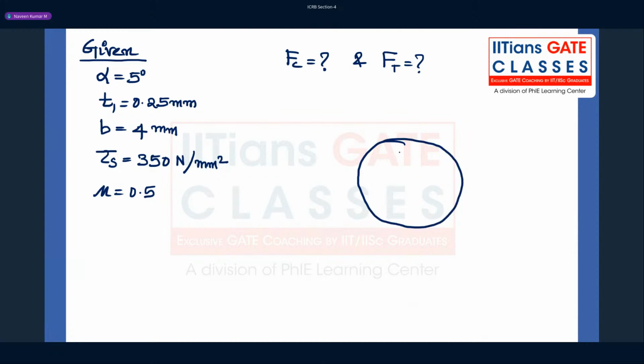A circle like this. Actually we have to draw the forces first and then draw the circle, but I'm drawing the circle for ease. Just wait a little so that you understand what I'm trying to do here. Let me erase this.